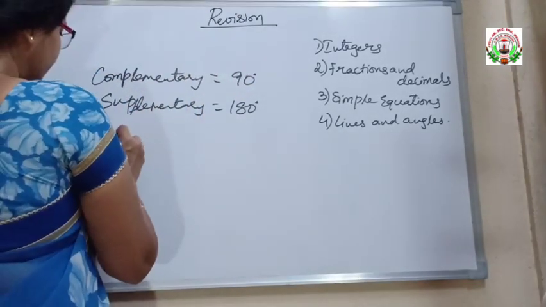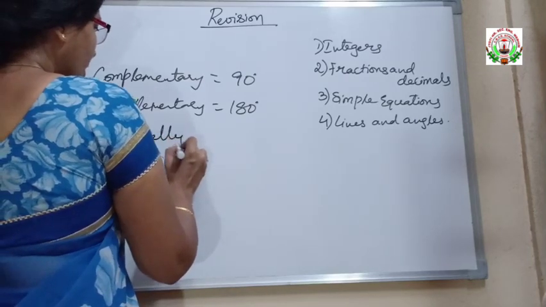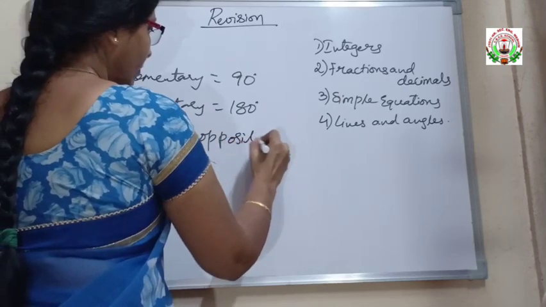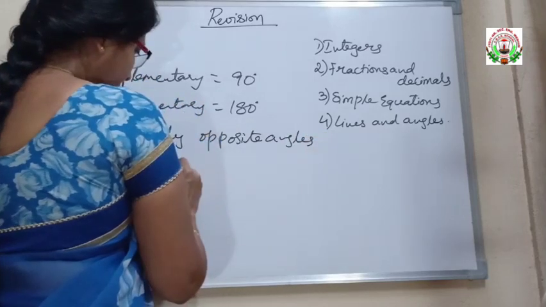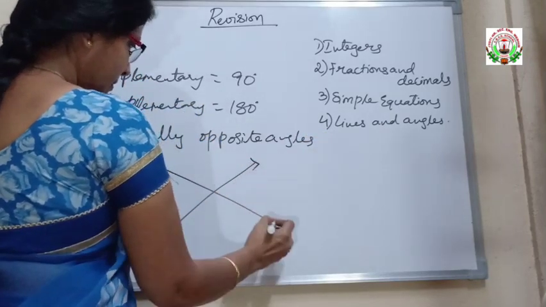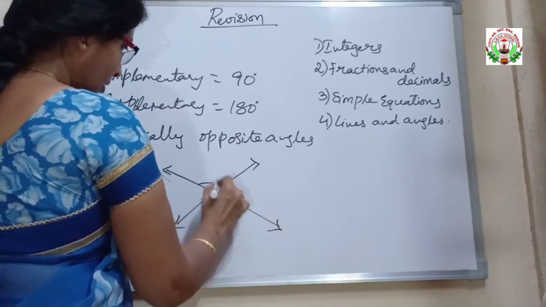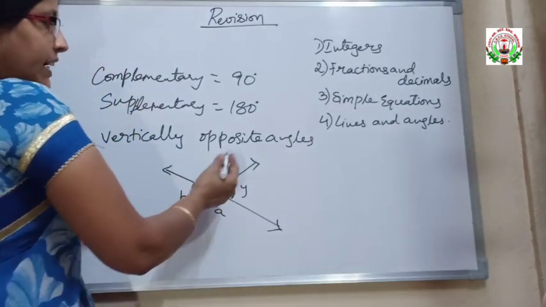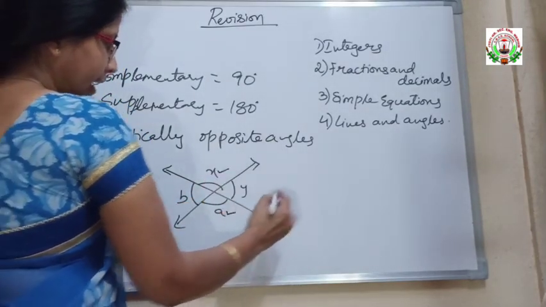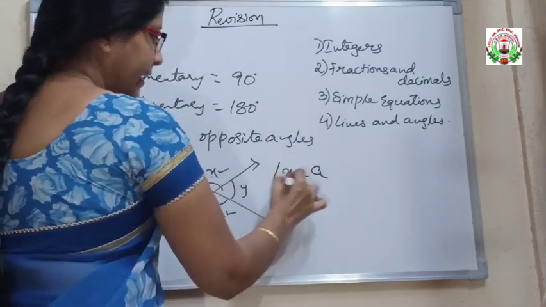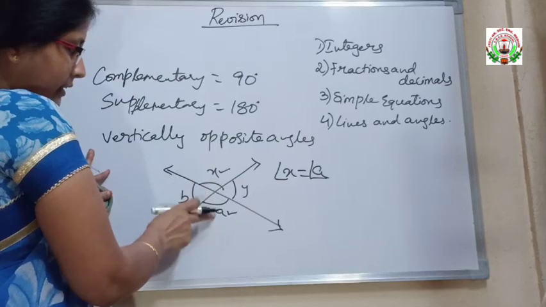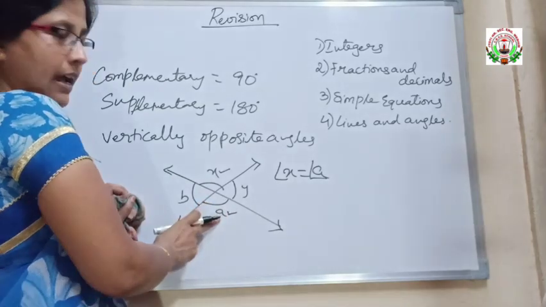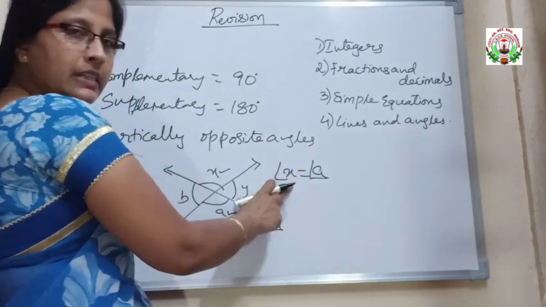Now vertically opposite angles. Like I have given two angles like this. This is X, this is Y, this is A, this is B. Vertically opposite angles means angle X and angle A, because they are in opposite directions, so those two angles will be equal.